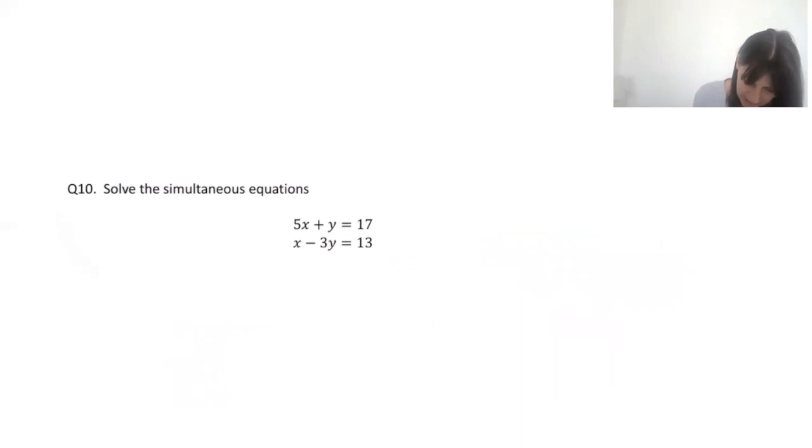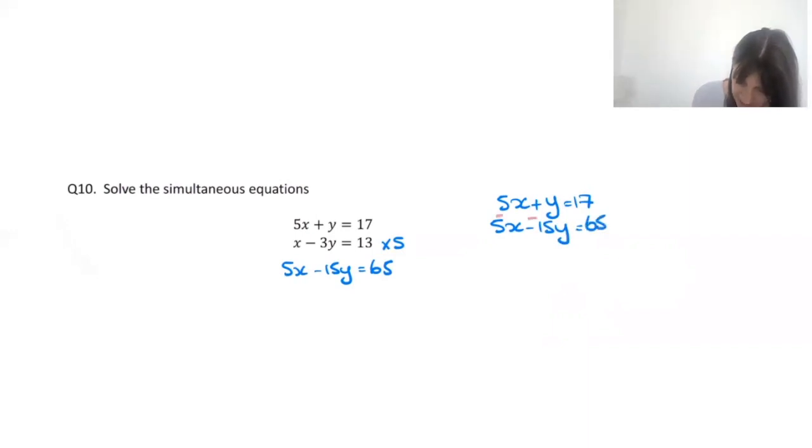Okay, so I'm going to be timesing the bottom one by 5 to give me 5x minus 15y equaling 65. So I'm just going to rewrite those. And 5x minus 15y equals 65. Now show those minuses, they can really help.